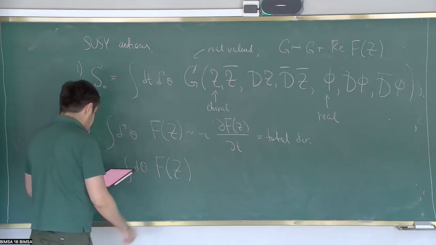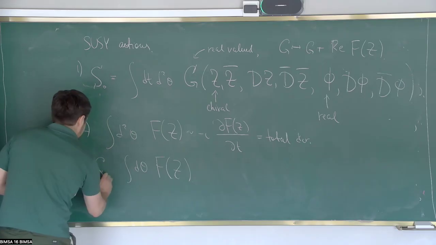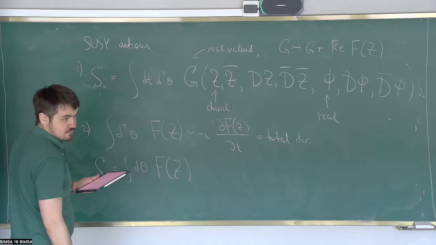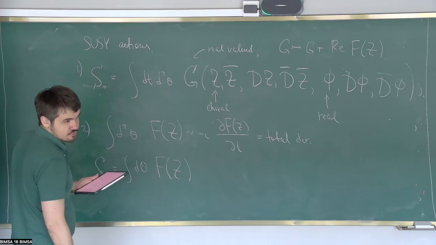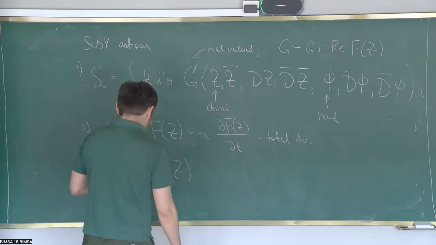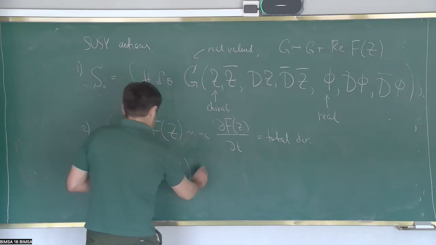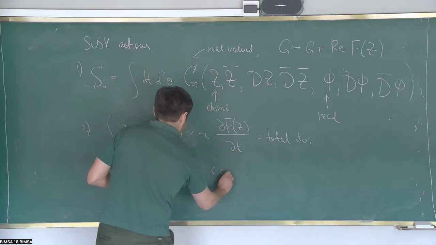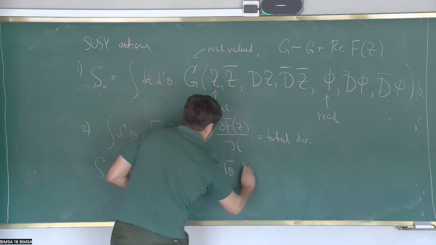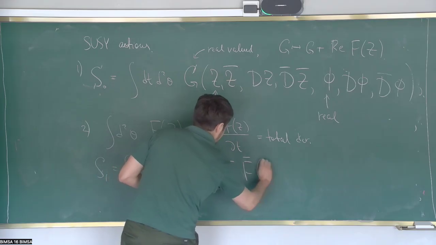So this is another ingredient for the action. This will be complex now because it's a holomorphic function of complex variables, plus complex conjugates. By complex conjugate, I mean integral over theta bar, f bar, D bar.